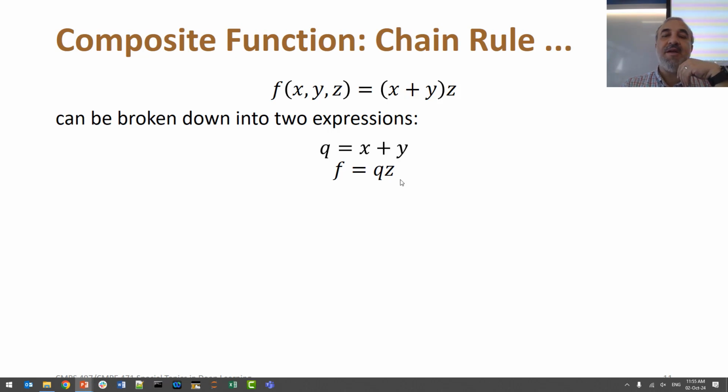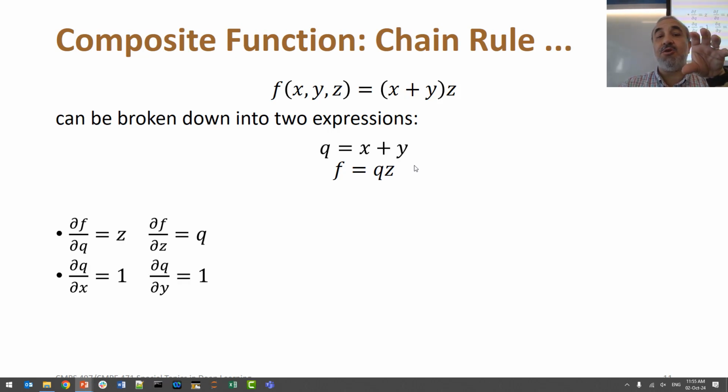Now, if I told you that df by dq is z, df by dz is q, dq by dx is 1, dq by dy is 1, can I now use these 4 quantities to compute df by dx, df by dy and df by dz?